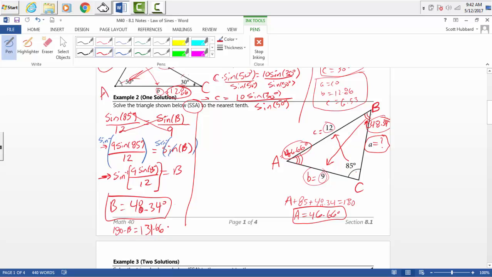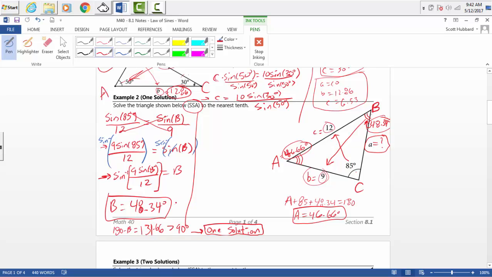So this is bigger than 90 degrees, and that means we only have one solution. That is the check. That's all you have to do.